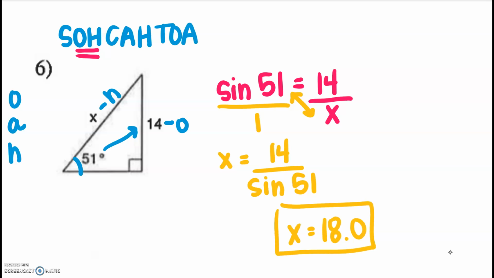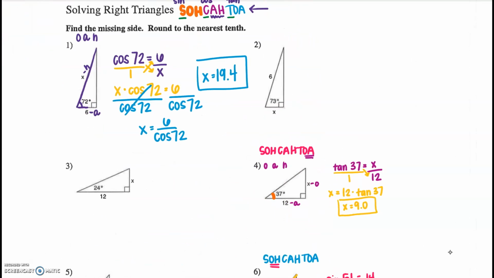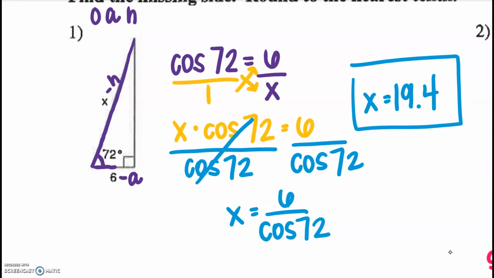One way you can check yourself is just using some logic. So if I'm looking at the answer that I get for x, is 18.0 a logical answer for my hypotenuse if I have 14 here? That would be a yes. So I'm on the right track. And then over here, if 6 is my leg, would 19.4 be a logical length for my hypotenuse?